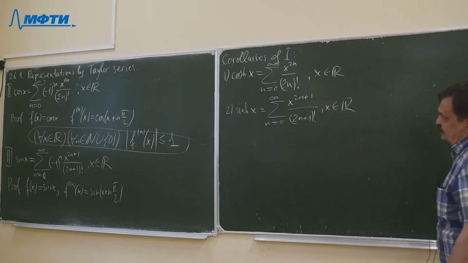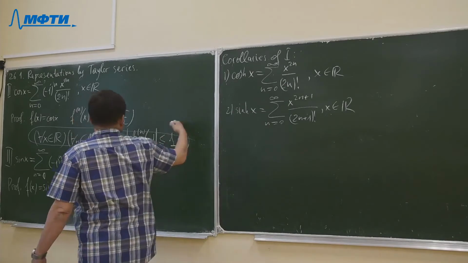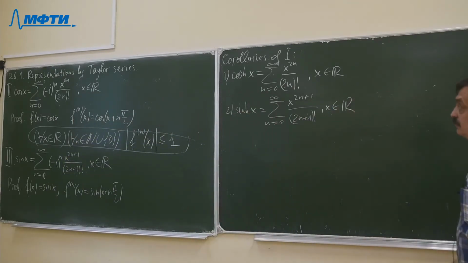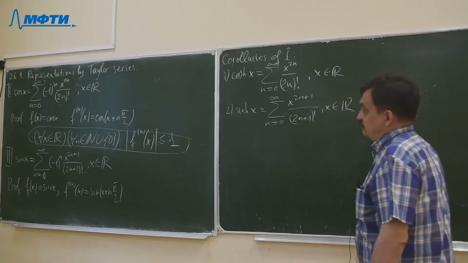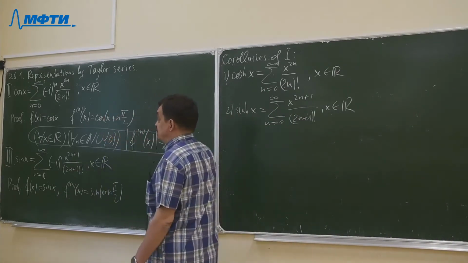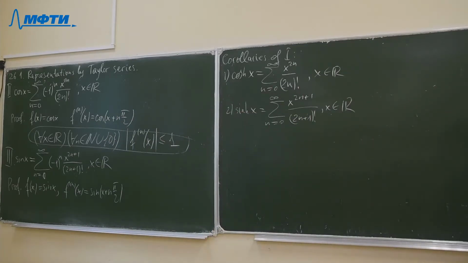By the way, you see the similarity between trigonometric and hyperbolic functions: the alternating sign for trigonometric functions disappears for hyperbolic functions, that's all.